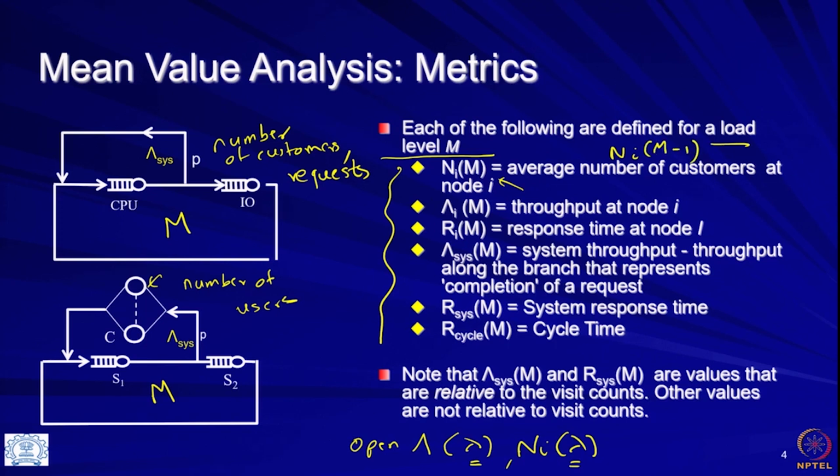So, it is a required notation to put this m in the bracket and make it an explicit argument of all of these metrics. That is why you will find everything is parameterized by the load level m. And i of course denotes the nodes. This is i is 0 and i is equal to 1 and things like that, right. So, please go through these slides and revise the previous lecture to recall what was mean value analysis. Today we are just going to do examples.